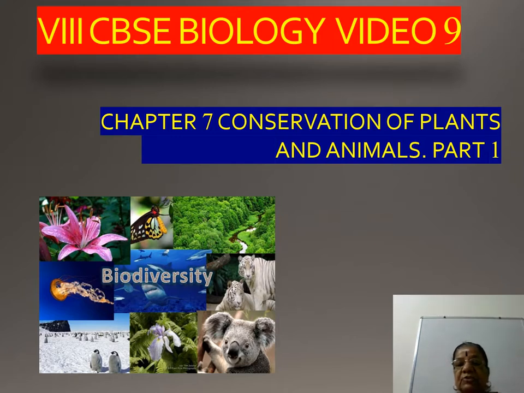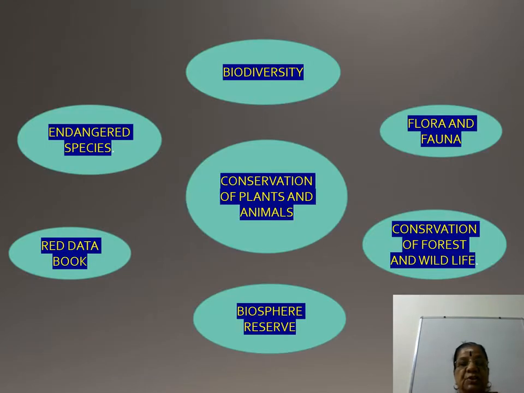Right? Next, first we are going to see conservation of plants and animals, the concept. I am not going in this order. These are the concepts you need to understand: biodiversity, flora and fauna, conservation of forest and wildlife, biosphere reserve, red data book and endangered species.